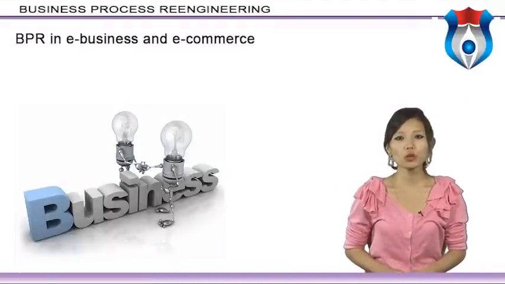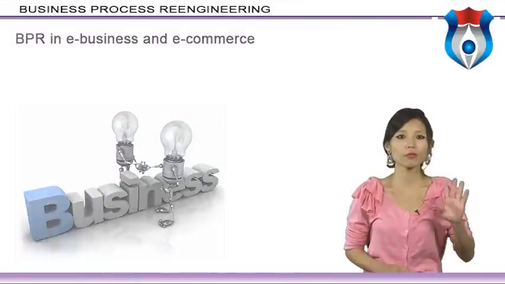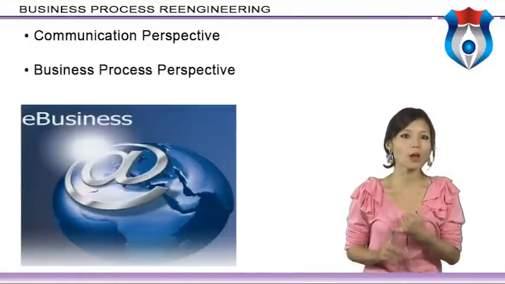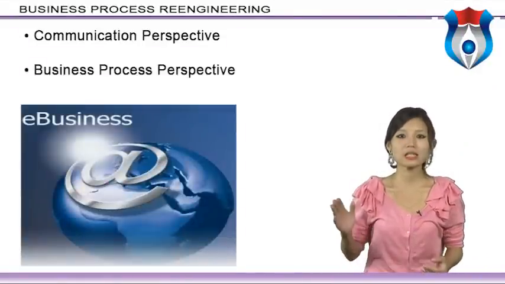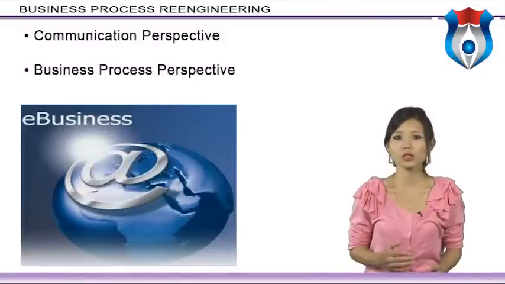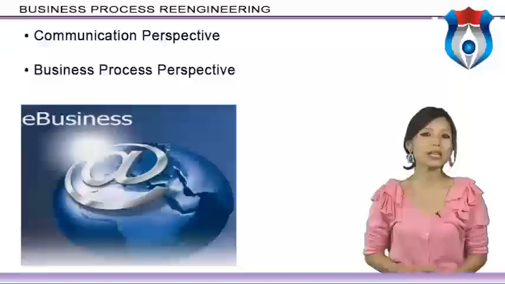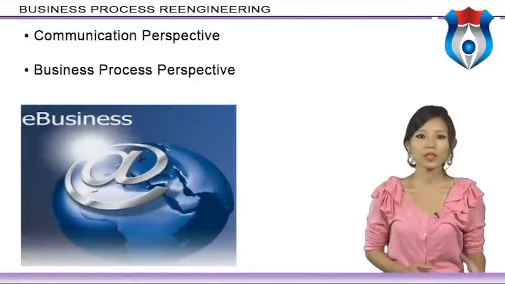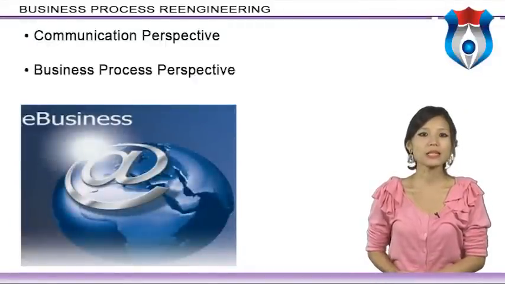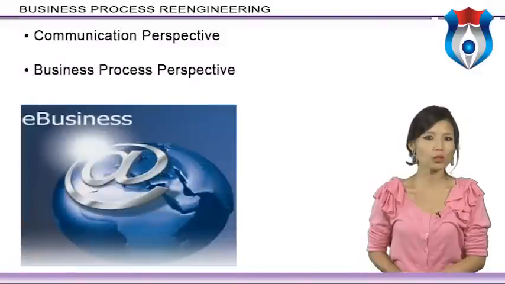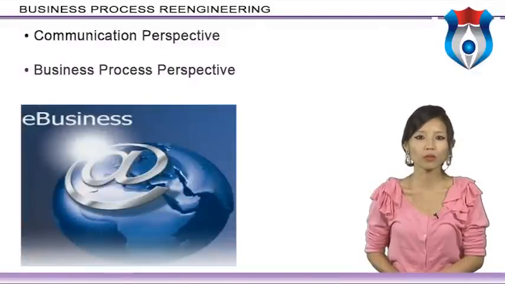Another frequently used definition of EC distinguishes four perspectives. Communication perspective: the EC is the delivery of information, products or services or payments over telephone lines, computer networks or any other electronic means. Business process perspective: the EC is the application of technology towards the automation of business transactions and workflows.